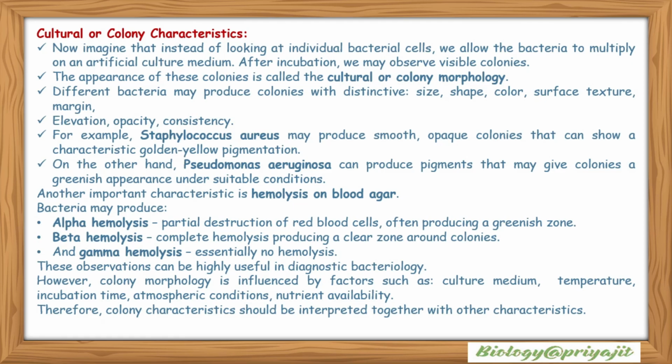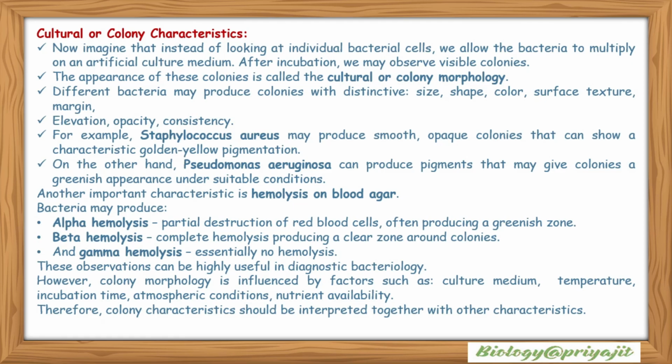Different bacteria may produce colonies with distinctive size, shape, color, surface texture and margin, elevation, opacity and consistency. For example, Staphylococcus aureus may produce smooth, opaque colonies that can show characteristic golden yellow pigmentation. On the other hand, Pseudomonas aeruginosa can produce pigments that may give colonies a greenish appearance under suitable conditions.